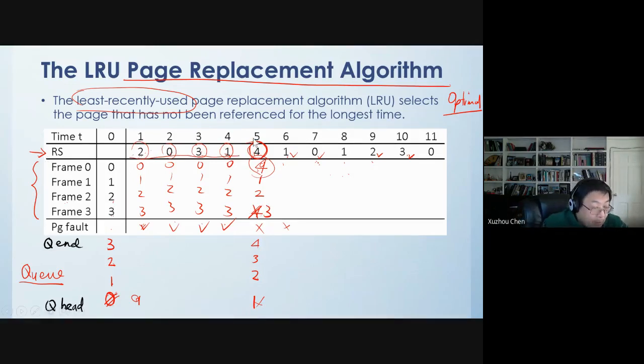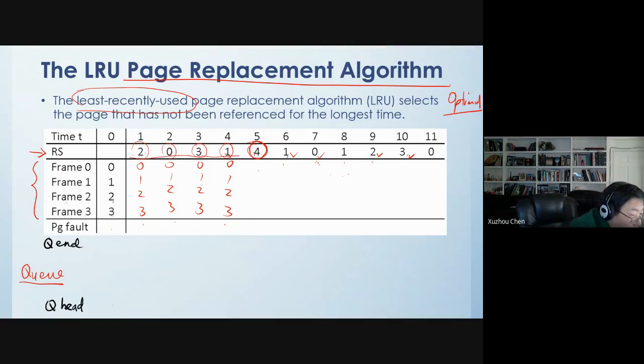Now the next one is called least recently used. That's something we're going to talk about right now. For the least recently used algorithm, suppose that initially page 0 was loaded first, and then page 1, page 2, page 3.